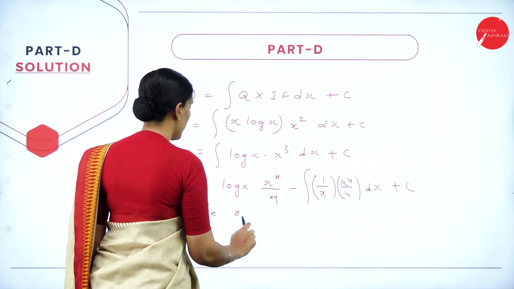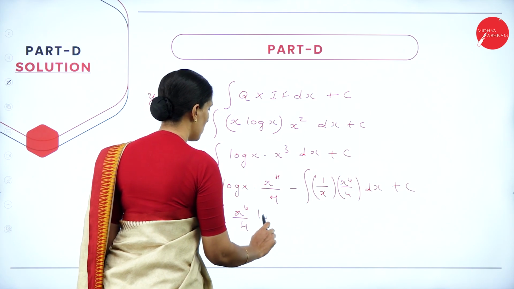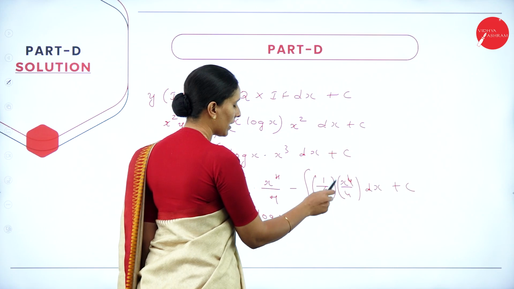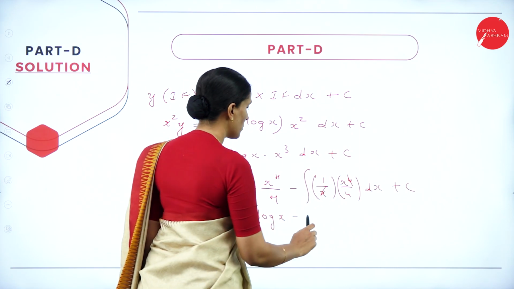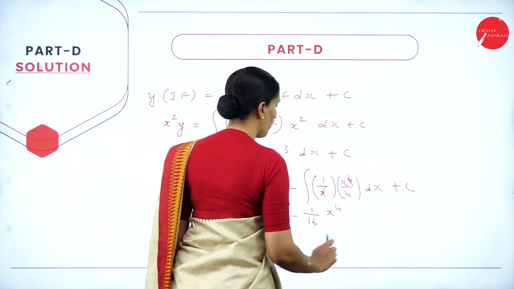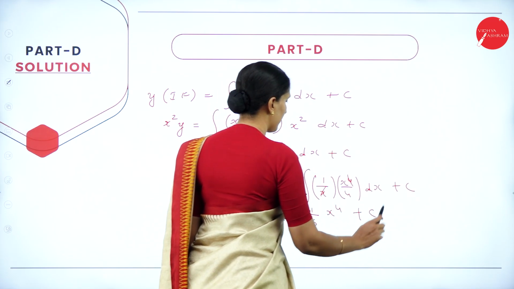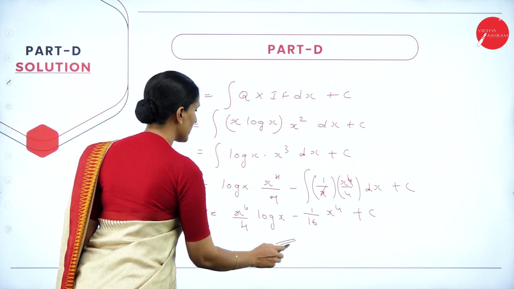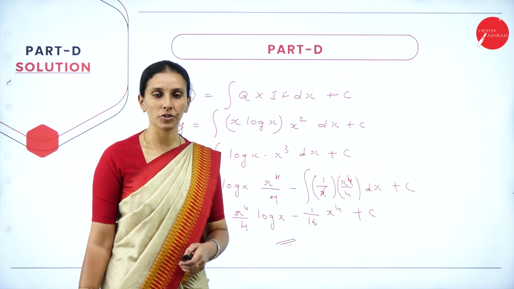So here we have x power 4 by 4 into log x minus, again x cube becomes x power 4 by 4. So here it is 1 by 16 and x power 4 plus c. On the left hand side we have x square y. So this is the general solution of the given differential equation.